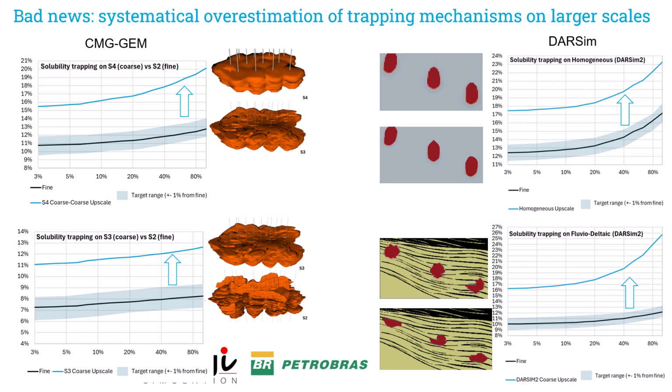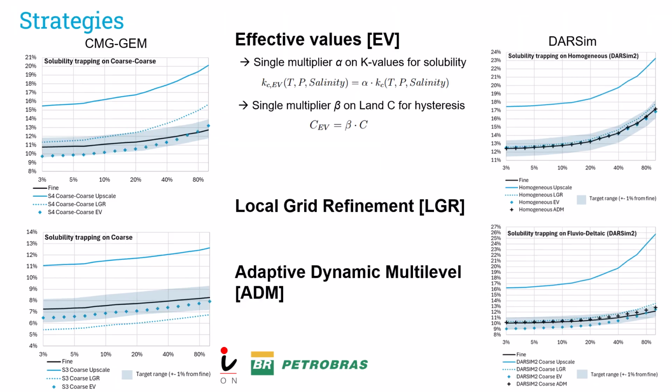We are going to check some different strategies to try to solve this, and you're going to see which one works better than the others. So we are going to make a comparative analysis of 3 different strategies. You can see here effective values, local grid refinement, and adaptive dynamic multi-level.